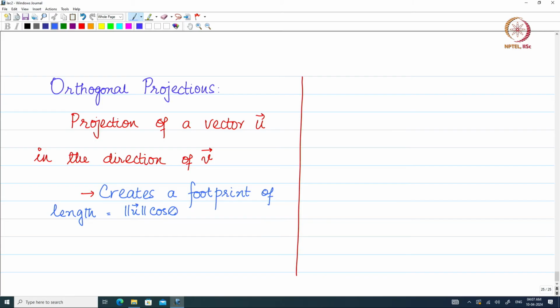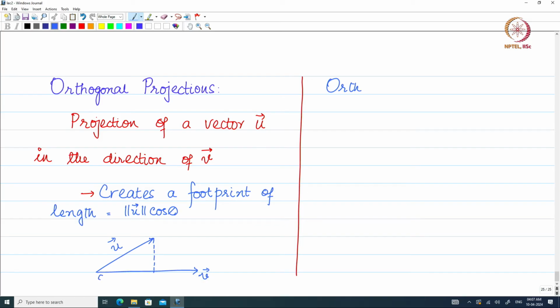Okay. So, let us look at what it is. The orthogonal projection of this is something which we already know. For example, assume that this is the vector v and this is the vector u. Now, if I project this, that means I hit u at the head and then that falls into the direction of v.